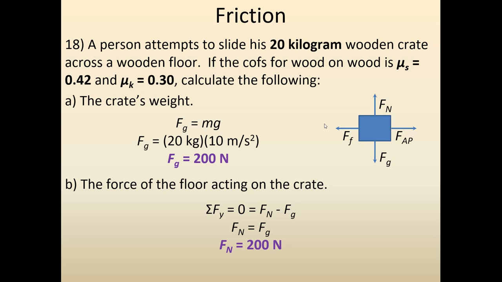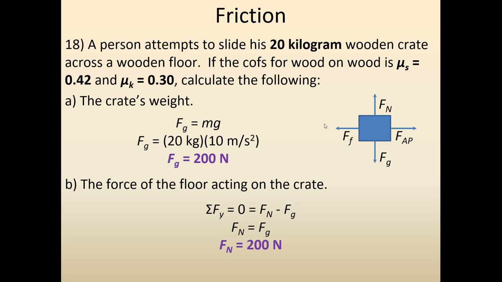Like I said, this is one of those things where you want to get into the habit. You don't always have to write out the sum of the forces equals 0 in order to figure out something as simple as Fn equals Fg because there's only two forces. But if they want you to show work, this is how you set it up.